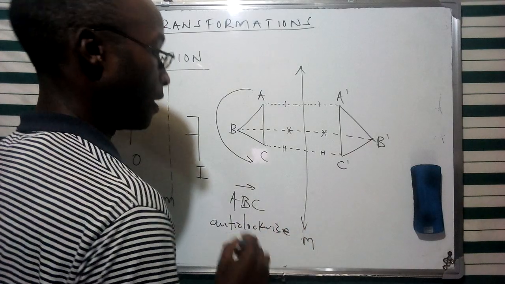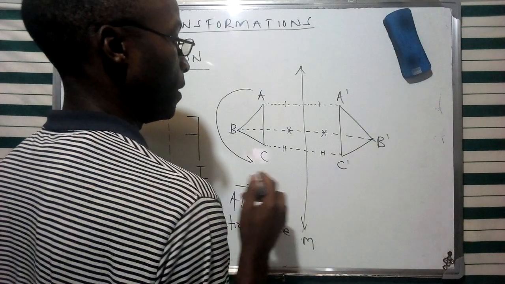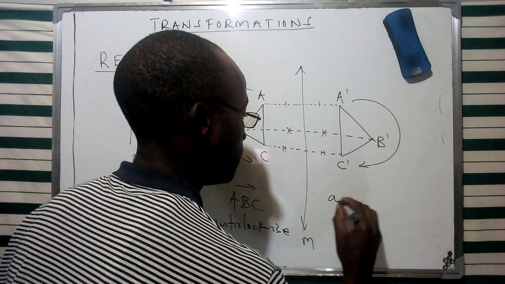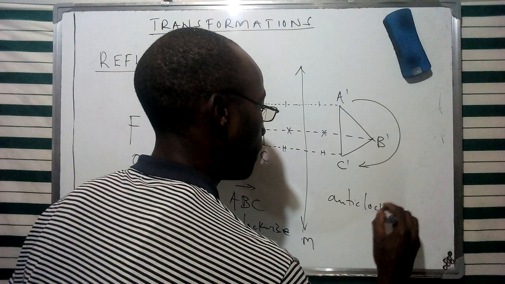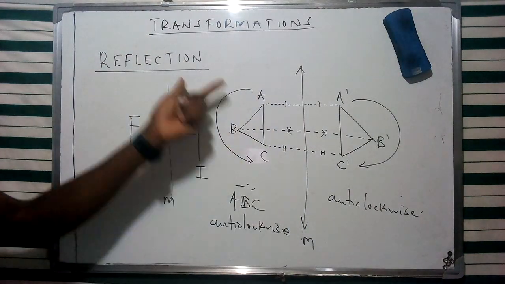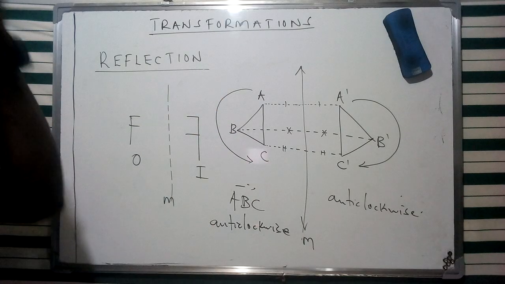But in trying to describe the image of this triangle from A prime to C prime, this is going to be a clockwise direction.